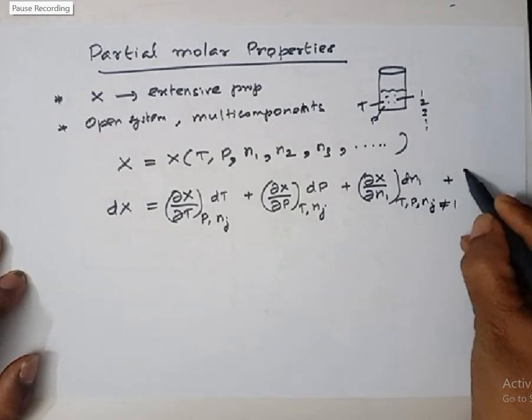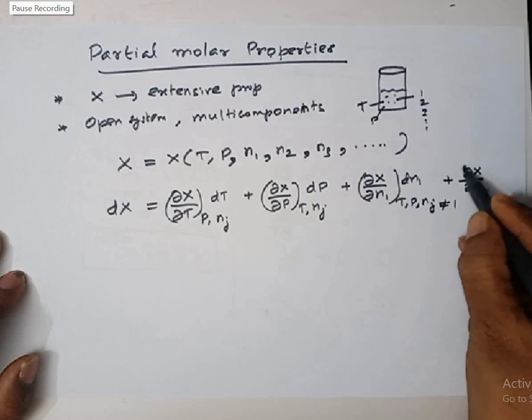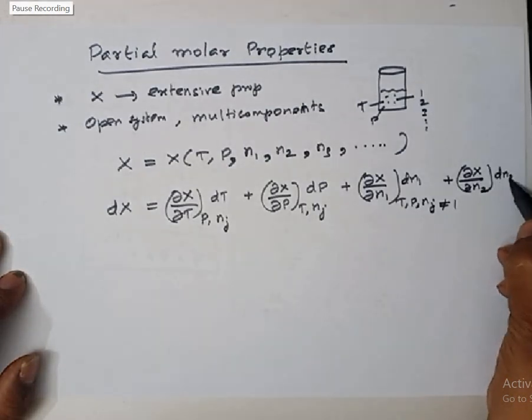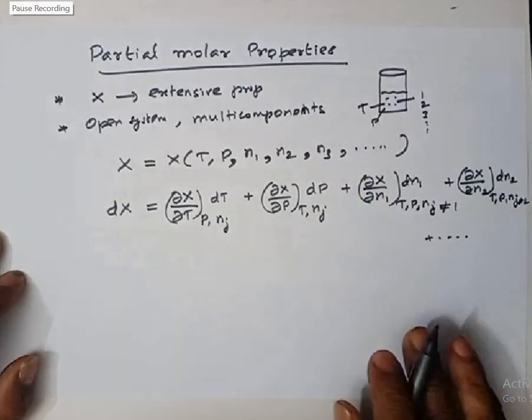Similarly, we can write the change in extensive property X with respect to the number of moles of component 2 into dN2, keeping temperature, pressure, and number of moles of all the components constant except 2. Like that we have many terms.